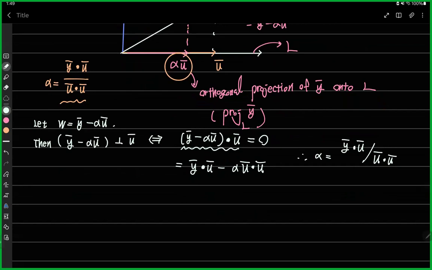All right, so next, let's see example 3. Let's say y is (7, 6), a 2 by 1 matrix, and vector u is (4, 2).